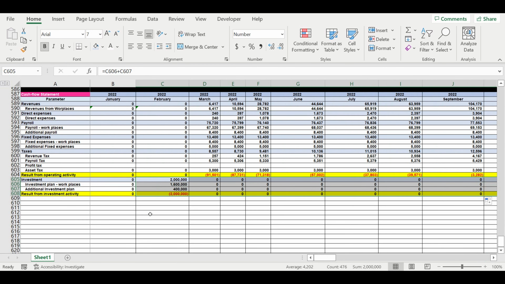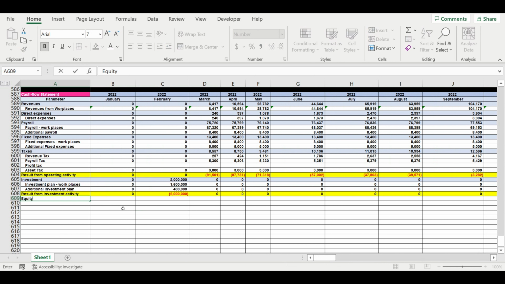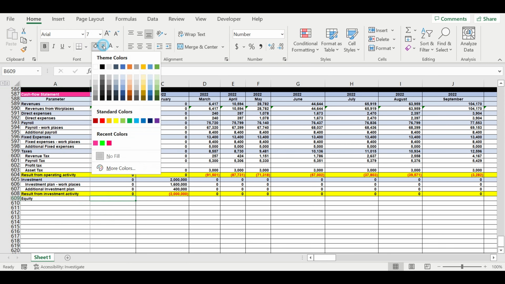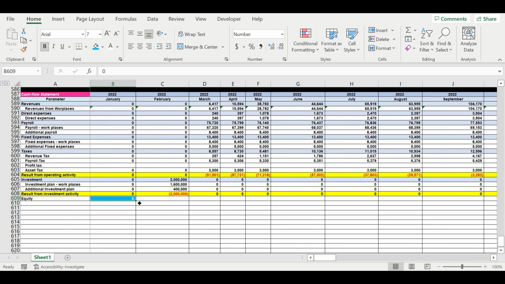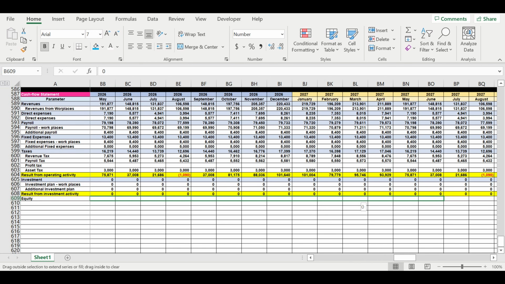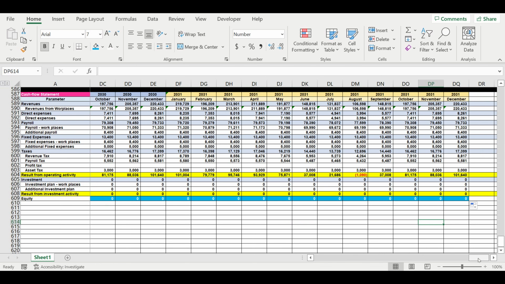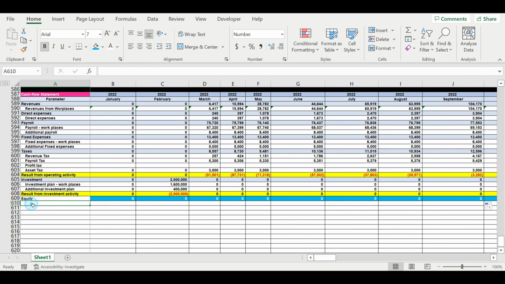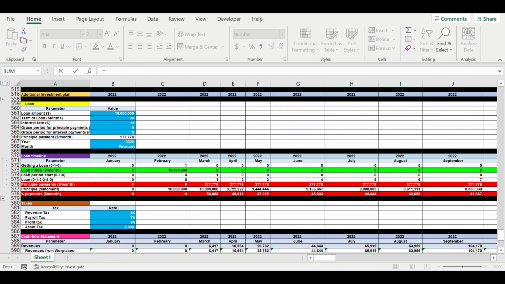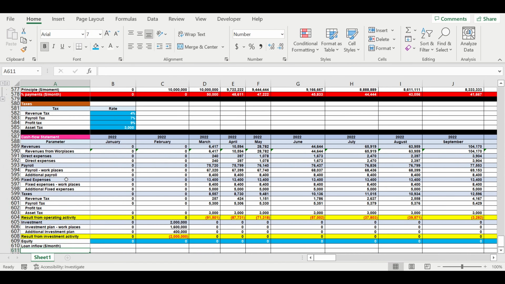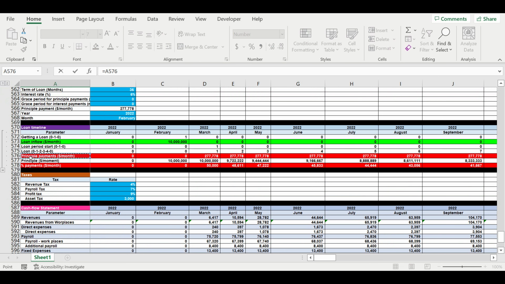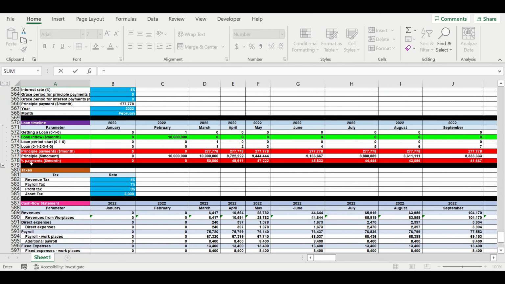Now we are moving to financing activity, equity. This is, for example, the amount of money that we are investing, that we are putting from our pocket. This is our money. Then we are adding the loan. Then we are adding principal payments and interest payments.